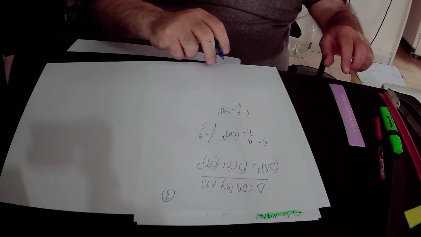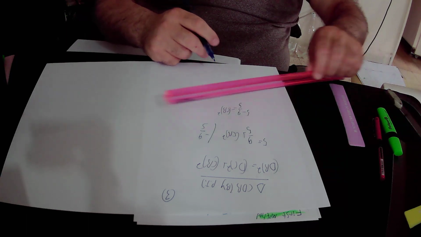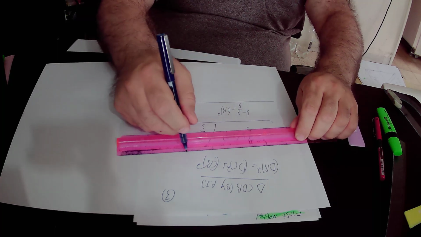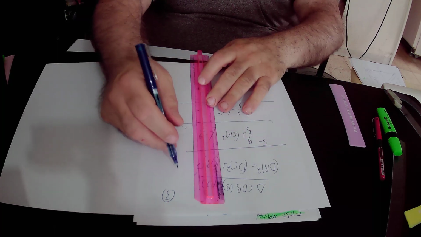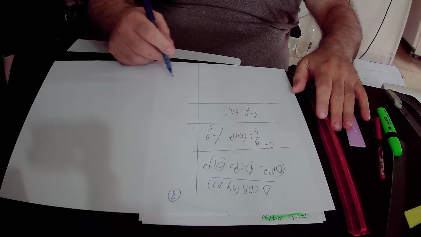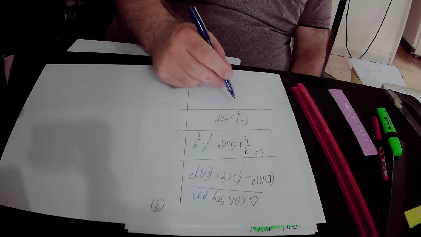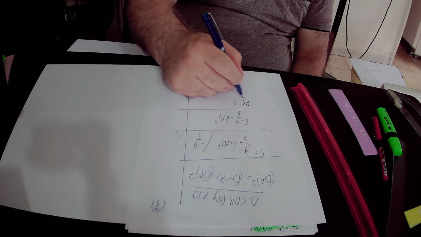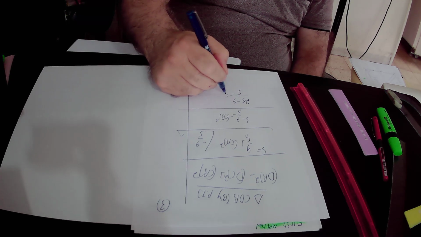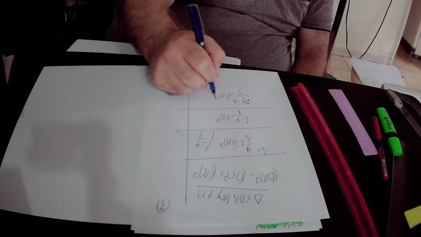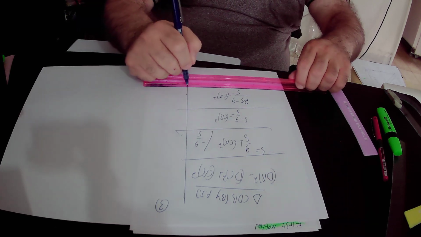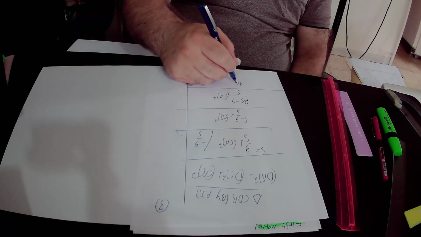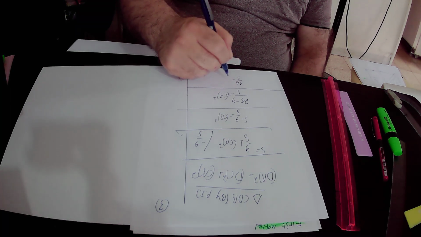Here we'll multiply 5 by 5 and then divide it by 5, in order to have a common denominator with this expression. So 5 times 5 is 25, minus 9, over 5 equals CB square. 25 minus 9 is 16 over 5 equals CB square.